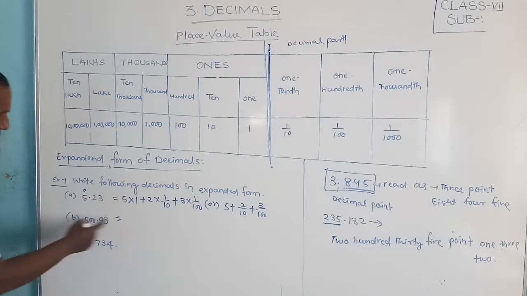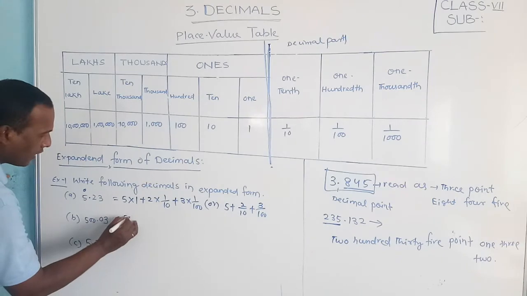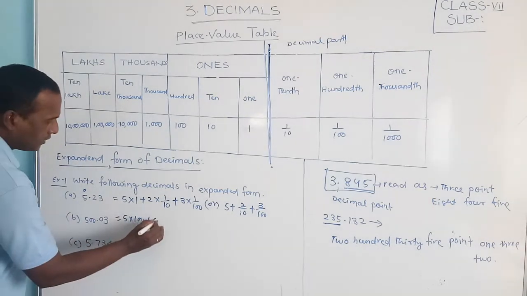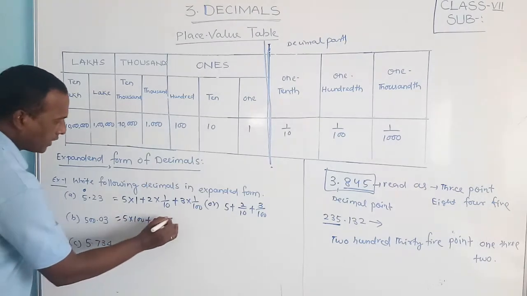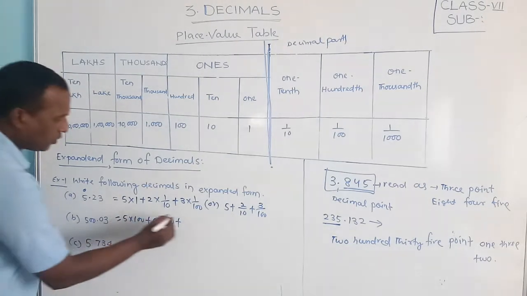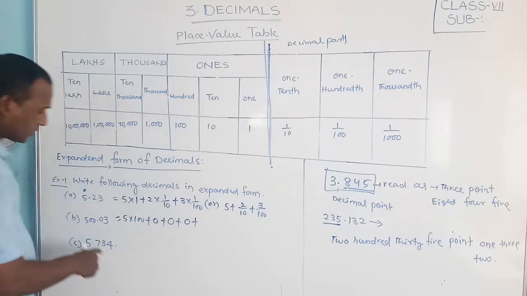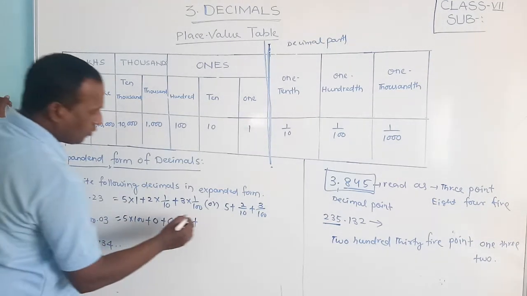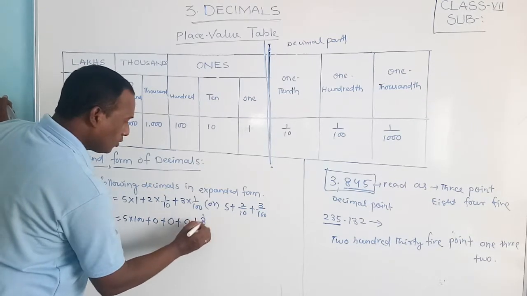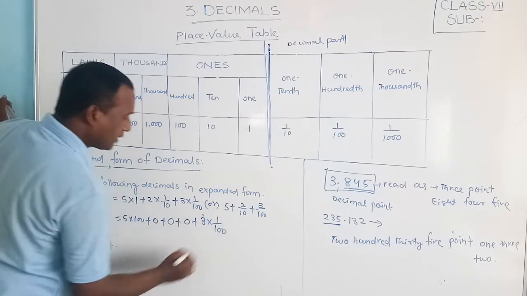500.03. So expanded, this is the hundreds place. So 5 into 100, plus here 0 is there. No need to write 0, though you can write plus 0. Here the 1/10 place has 0, plus 0. This is the 1/100 place, so 3 into 1/100.